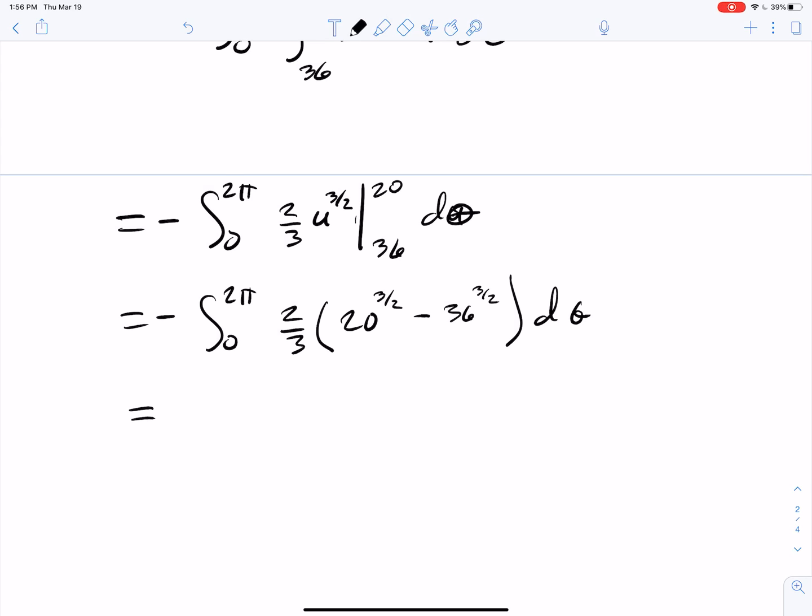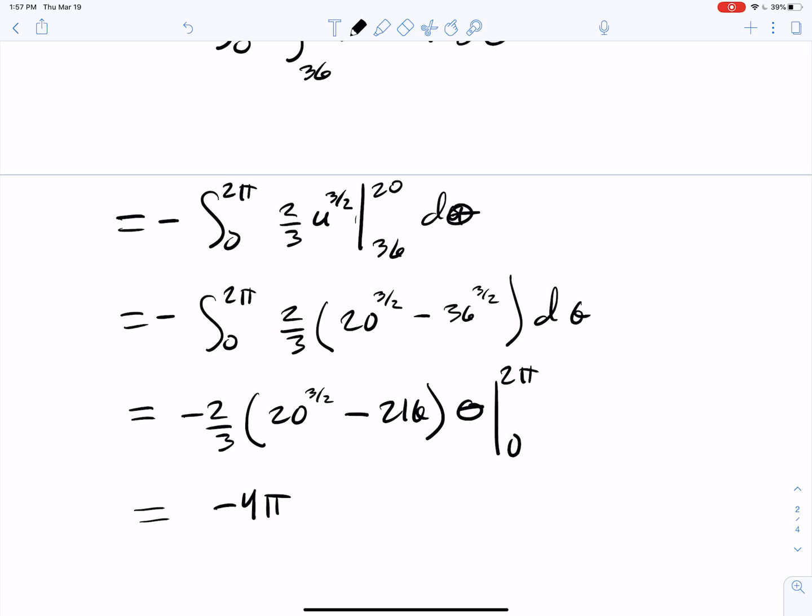So now I'm going to have negative 2/3 of 20 to the 3/2 power minus 36 to the 3/2 power. I think that's 216, isn't it? Yeah, that's 216. Times theta evaluated from 0 to 2 pi. So this is going to give us negative 4 pi over 3 times 20 to the 3/2 power minus 216.